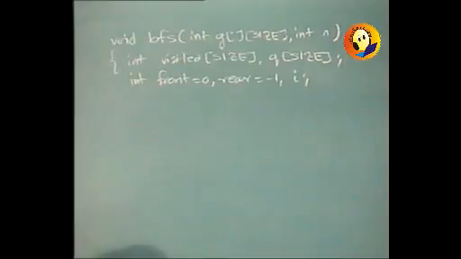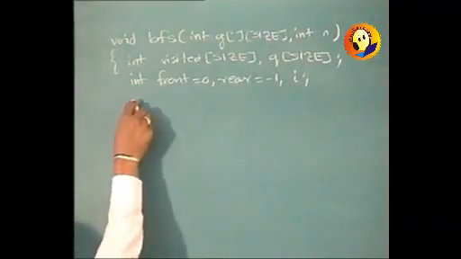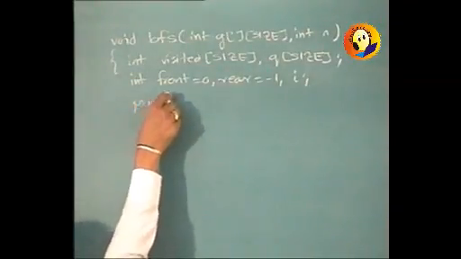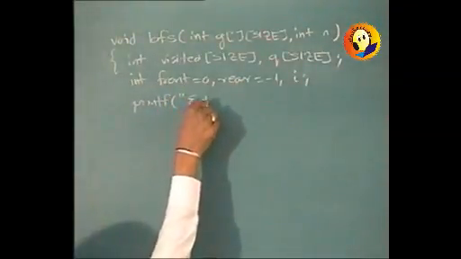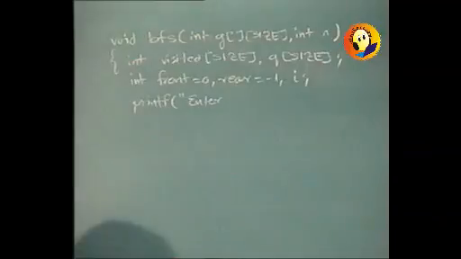So we will have the array visited, Q, front and rear of course corresponding to that Q, and I is the vertex which we want to deal with. So here we'll first ask the user. Actually, what was our first step?